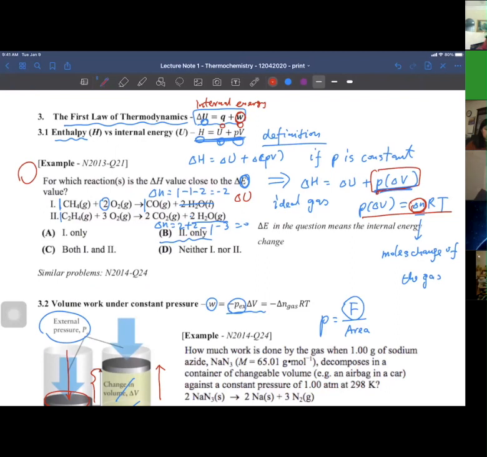So this is why there is a negative sign. Okay, so this is not a negative sign, this is just a short line, okay? So W equals negative P external times delta V. And we can further change this into negative delta nRT if we keep the negative sign here. This is called the volume work under constant pressure.